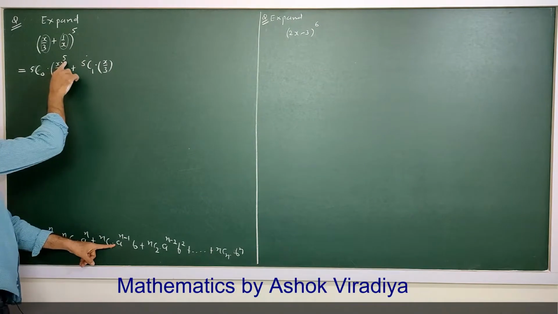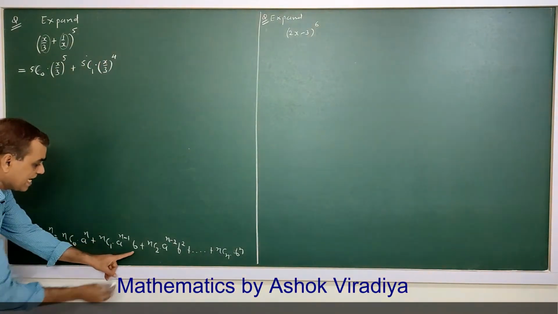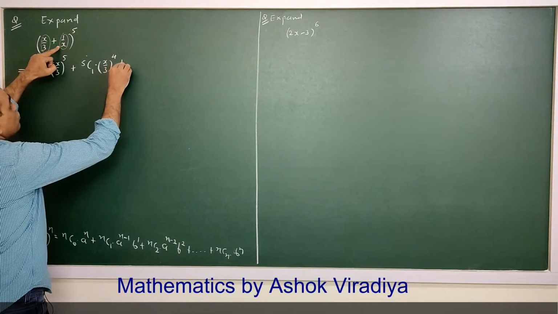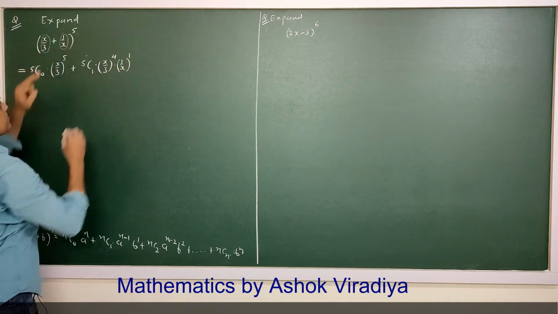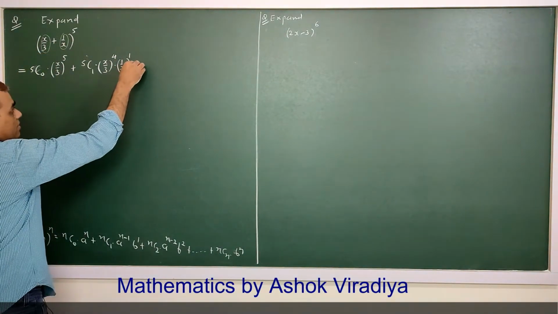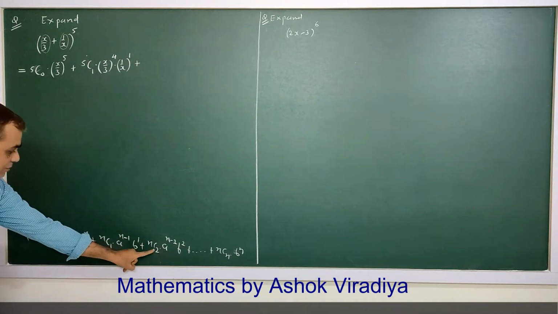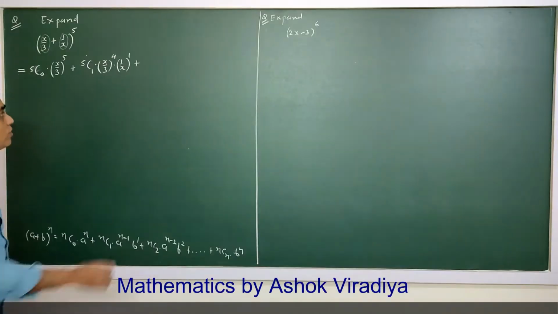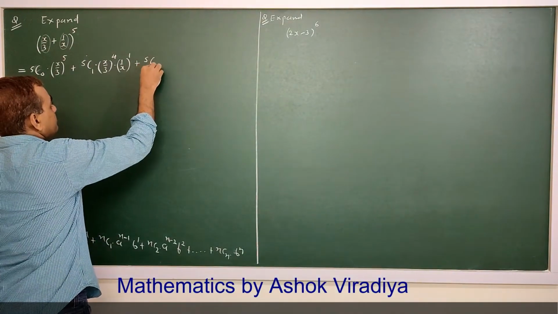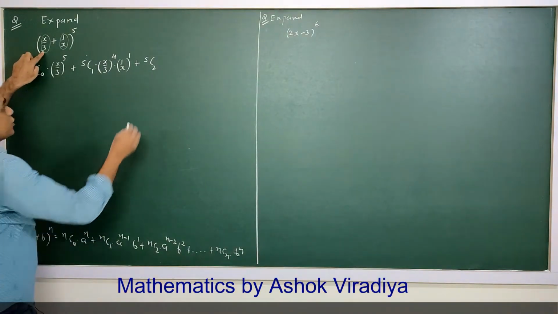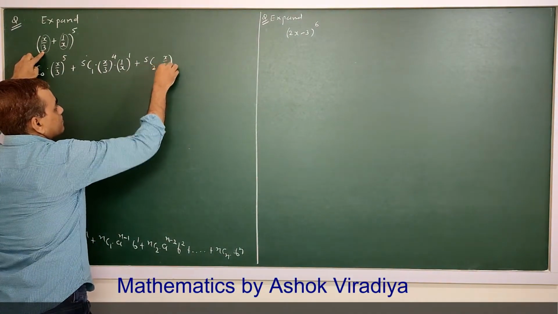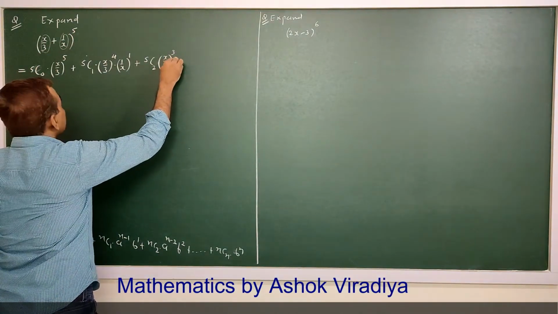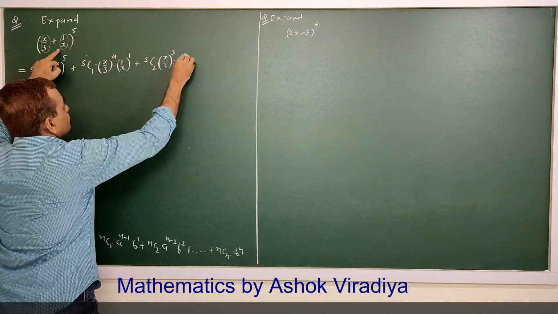Here the power was 5, here take power 4, and b is starting, b raised to 1, plus 5C2 a raised to 5 minus 2, that is 3, b raised to 2.